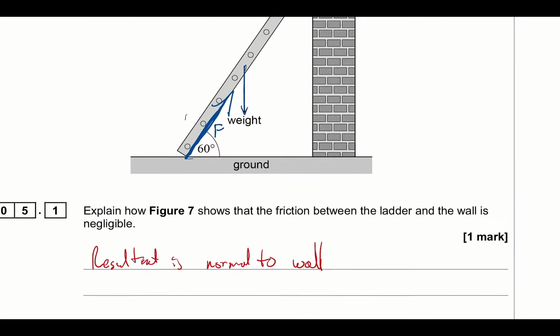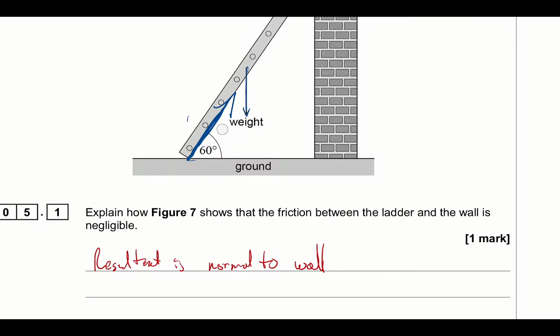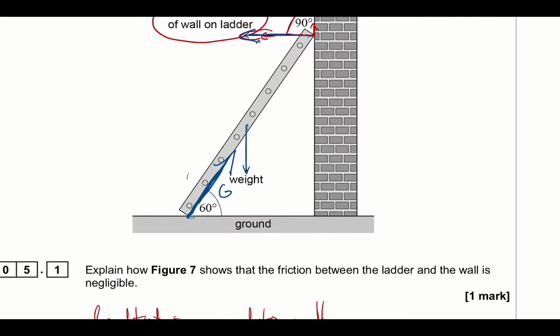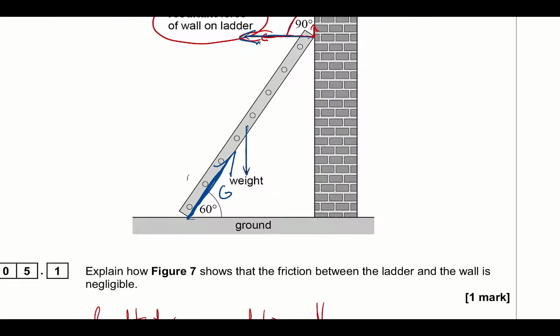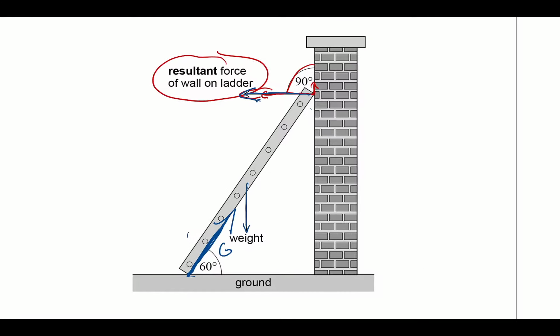Label it G. Don't make that mistake. So G, because it has to balance out the weight and the resultant, we don't know what angle it actually will be at. It doesn't have to be at 60 degrees. But we know that there is some component here that's balancing out that resultant and some component that is balancing out the weight.